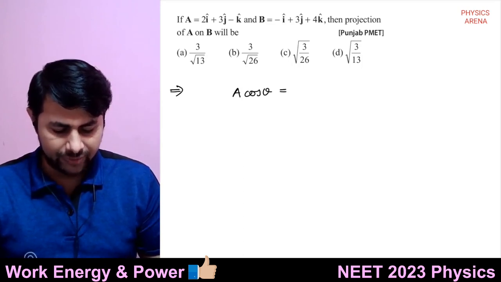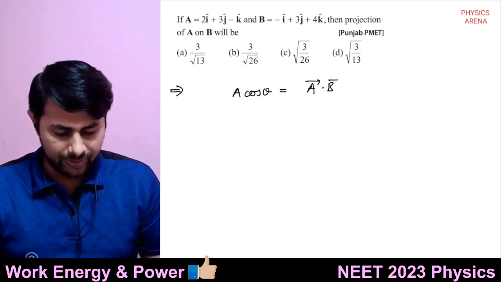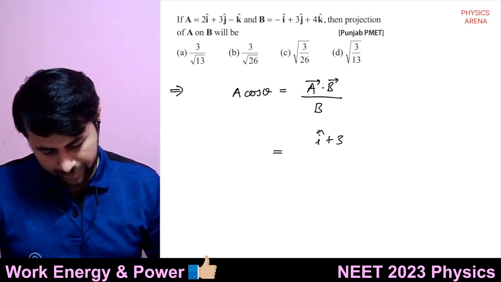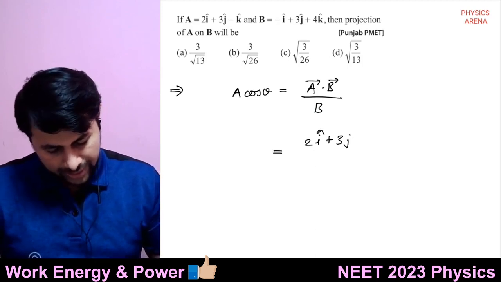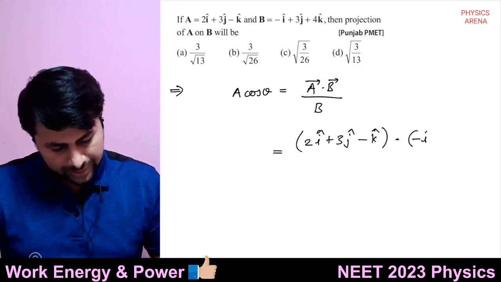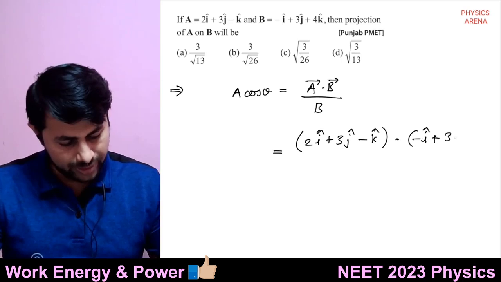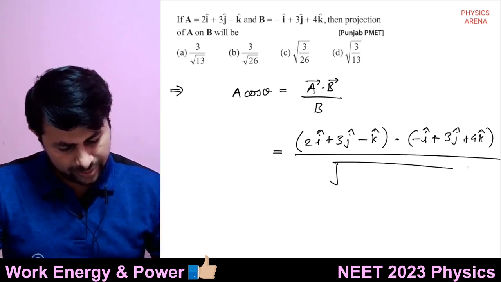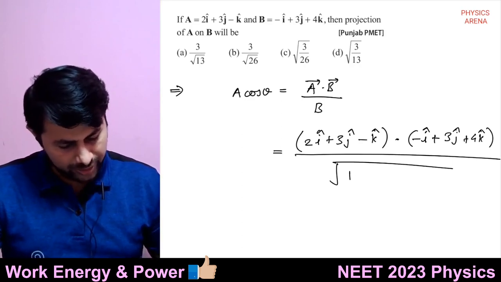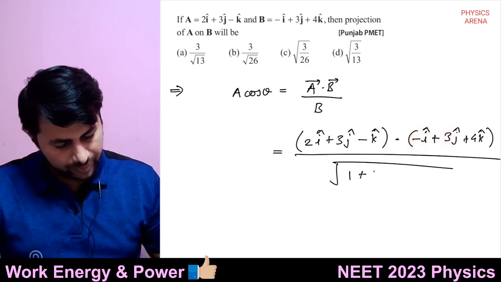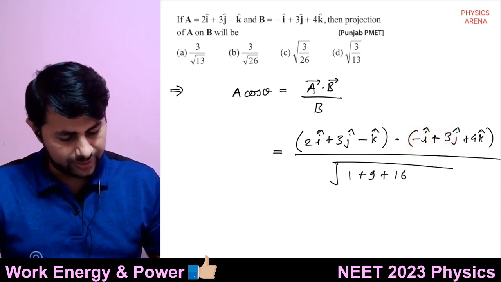So it is A cos theta, which is A bar dot B bar divided by B. So tell me, 2I cap plus 3J cap minus K cap, its dot product with minus I cap plus 3J cap plus 4K cap, divided by magnitude of B. So it is 1 plus 3 square is 9 plus 4 square is 16.